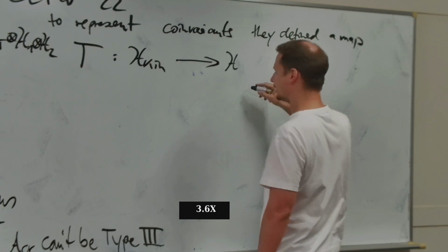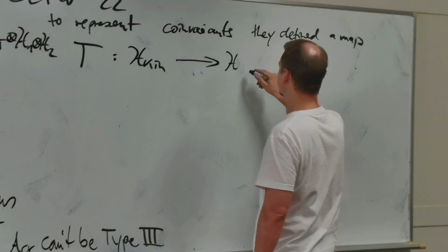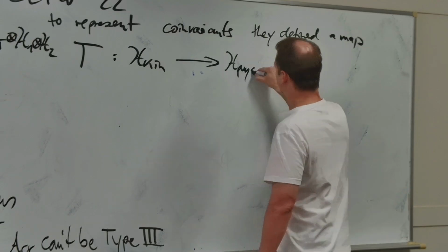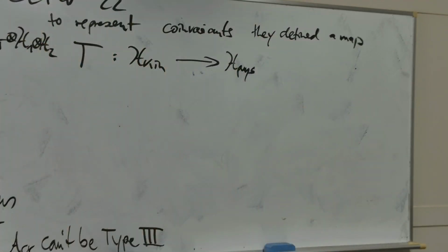I'm just debating how I'm going to write this. Let me just write it. Let me just call it H_FIS. They called it a representation of covariance.